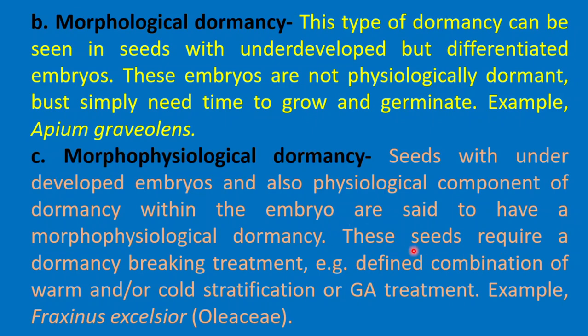So these seeds require a dormancy breaking treatment, for example, a defined combination of warm and/or cold stratification or GA treatment, that is, gibberellic acid treatment. So such dormancy can be broken by a defined combination of warm and cold stratification, or sometimes by giving gibberellic acid treatment. This type of dormancy can be seen in the plant Fraxinus excelsior. So this belongs to family Oleaceae.